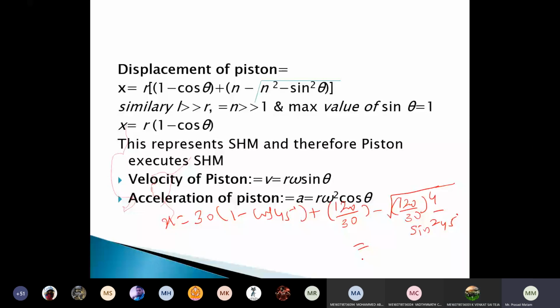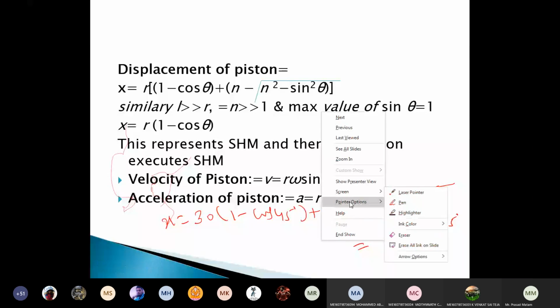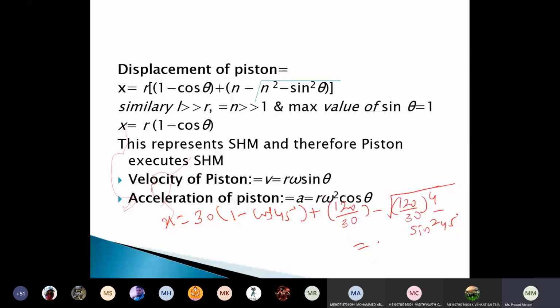It is not 10.67. It is coming around 8.84. I am getting 8.84 mm, around.